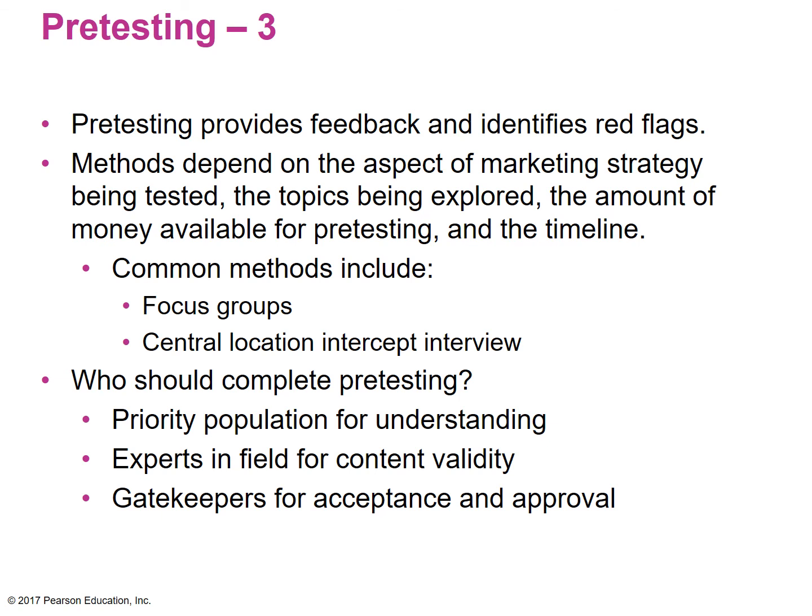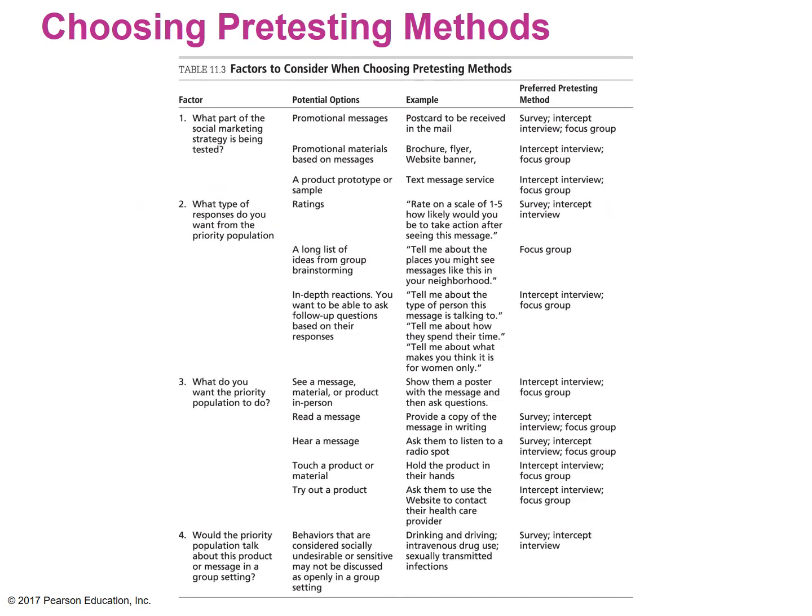So you may want to include them, or at least get their feedback, if a gatekeeper is critical to your ability to reach your target population. Okay, so table 11.3 in the book. I'm not going to read that to you, but these are things you need to consider if you're considering pre-testing.